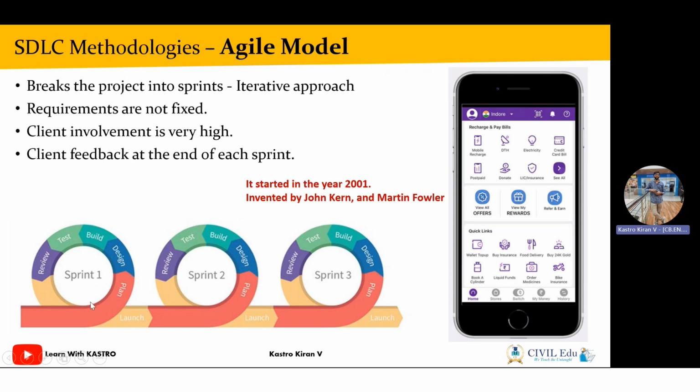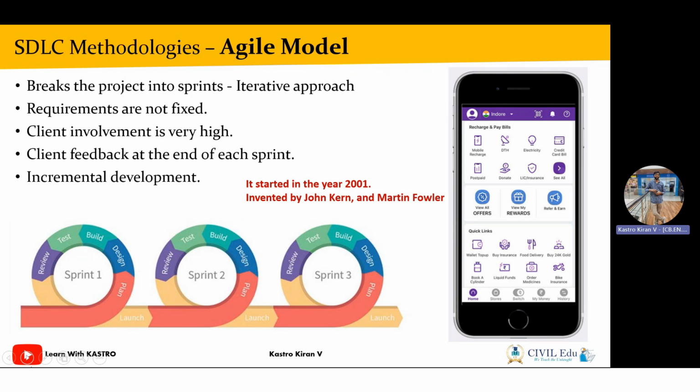If the client feedback is positive, then they can work on the other sprints. If the client feedback is negative, they can rework the same sprint and try to develop according to the requirement of the client. So in the agile model, client feedback can be taken at the end of each sprint, whereas client feedback is not possible till the completion of the entire project in the waterfall model.